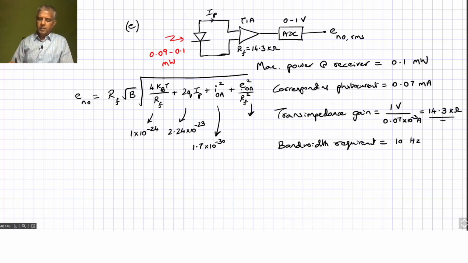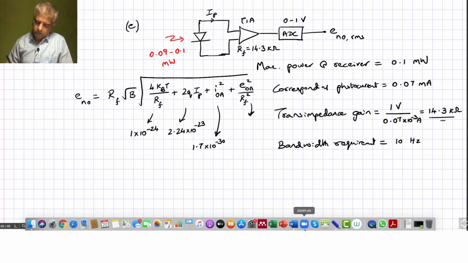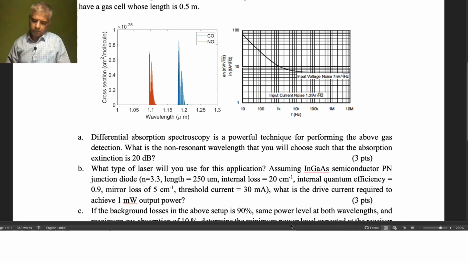And then E_OA. This is actually an interesting point that we need to keep in mind, right? When we talk about voltage noise density, we see that we need only 10 hertz from a transimpedance amplifier. If we look at that, we will get something of the order of 75 nanovolt per root hertz.